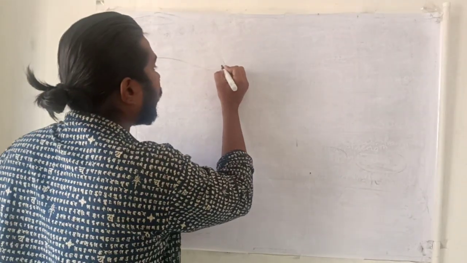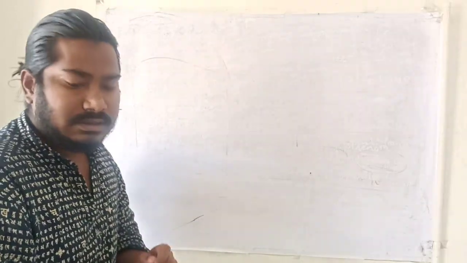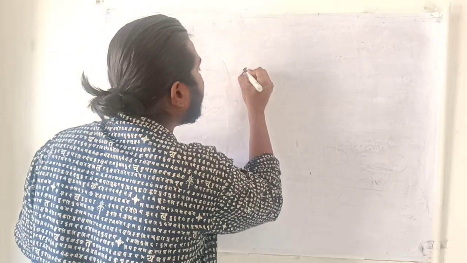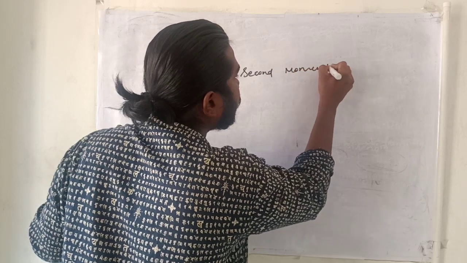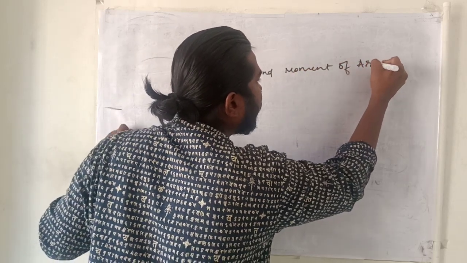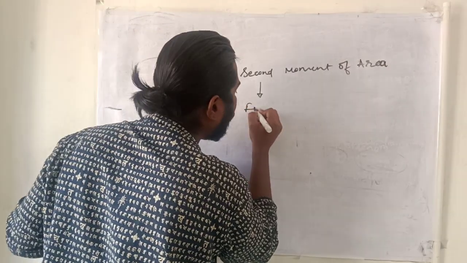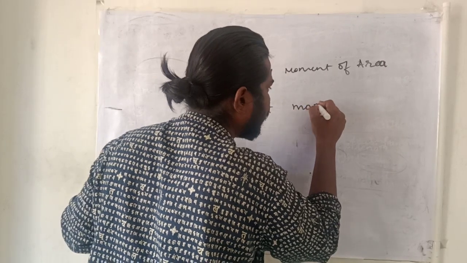Now, when we talk about area moment of inertia, it is basically the secondary moment of area, or second moment of area. Second moment of area means there would be a first moment of area too. Mathematicians used to coin these terms.